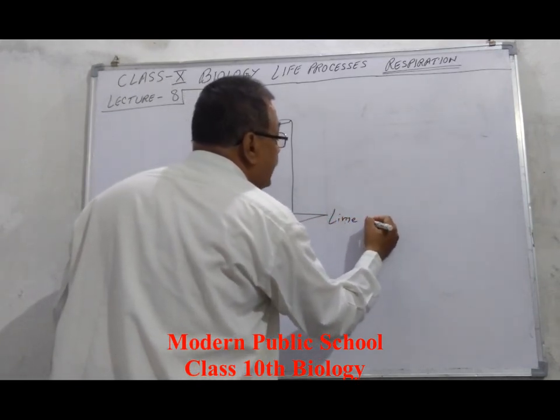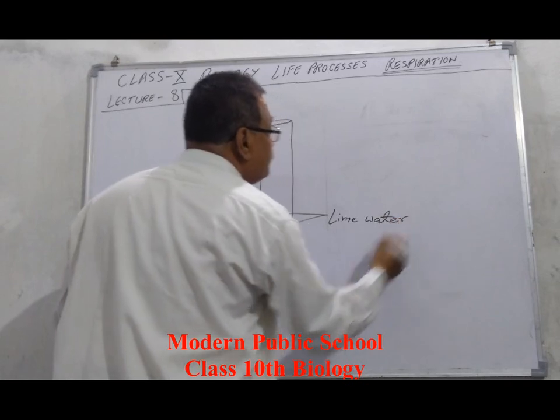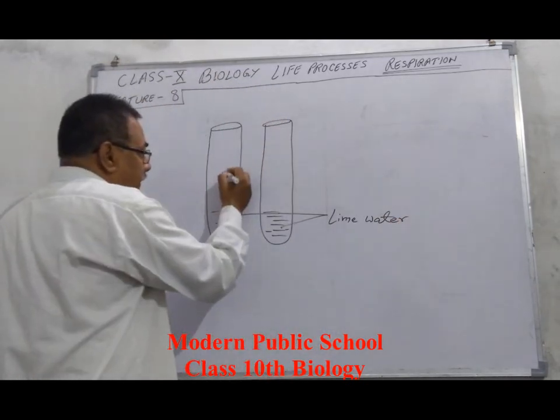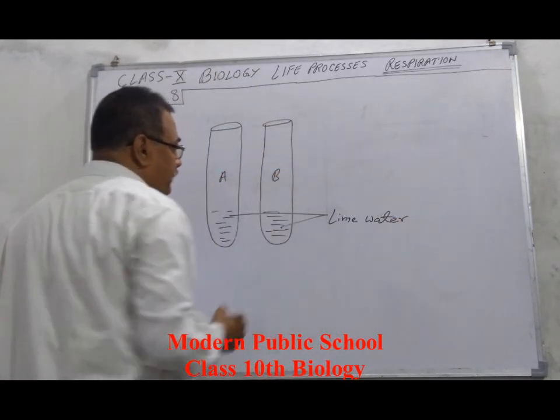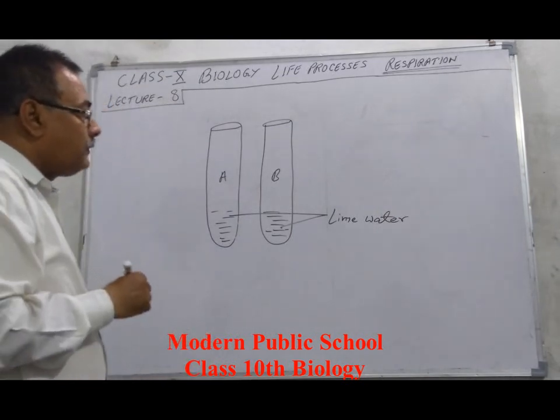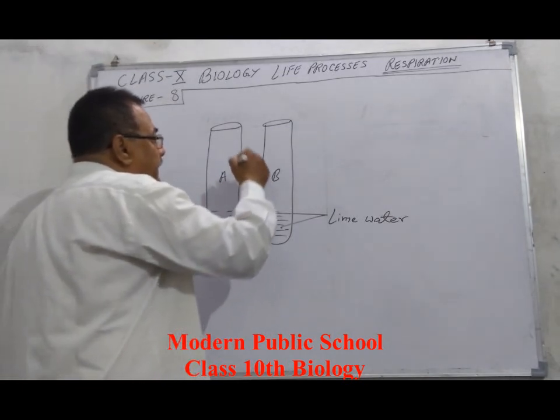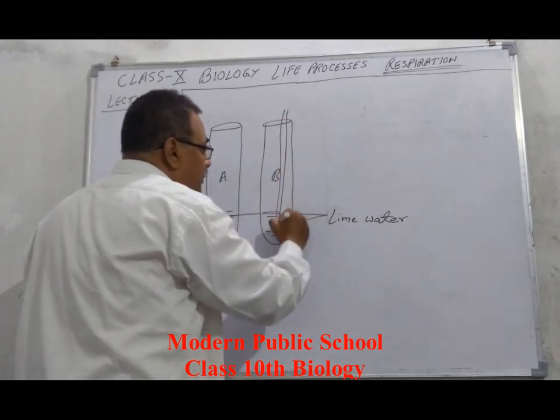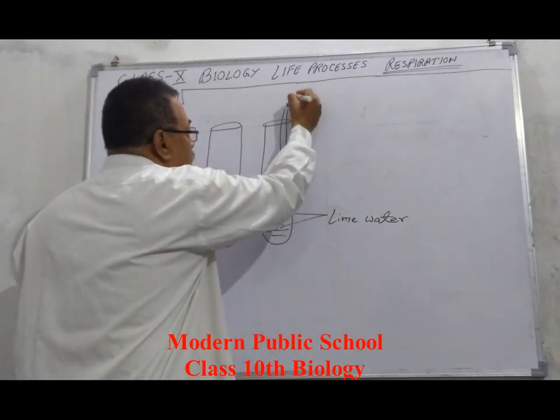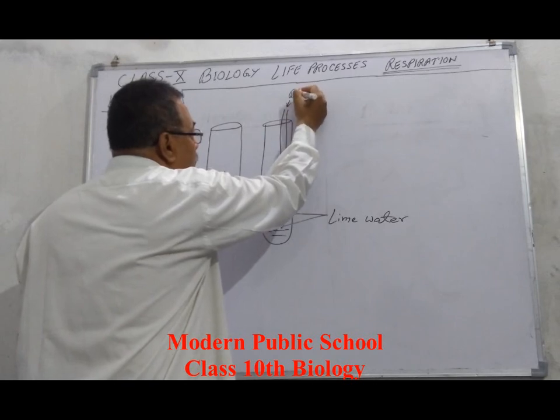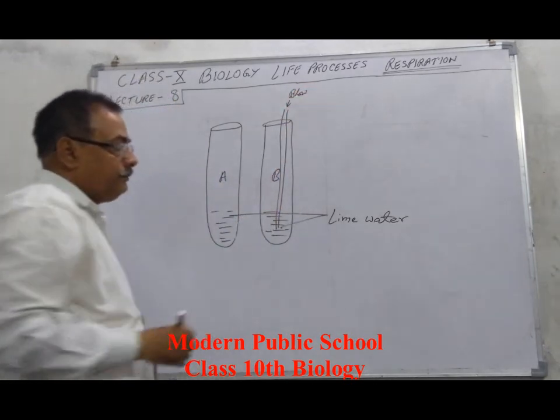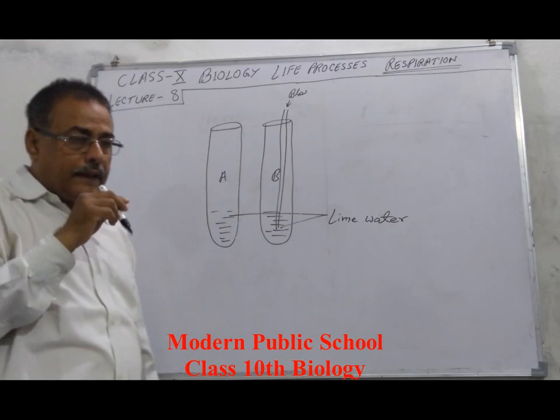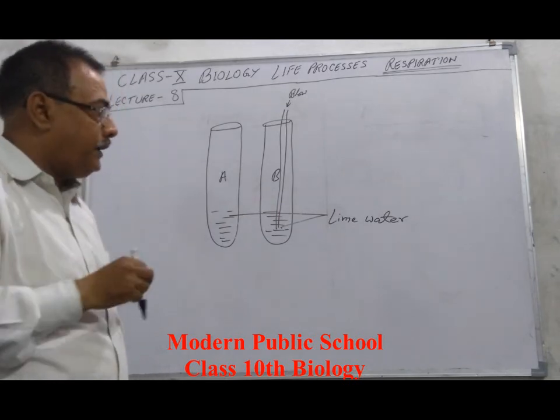Freshly prepared lime water, chuna pani. This is test tube A and this is test tube B. Suppose in test tube B, you put a straw and blow the air. Astro की सहायता से तुमने हवा फूँकी.